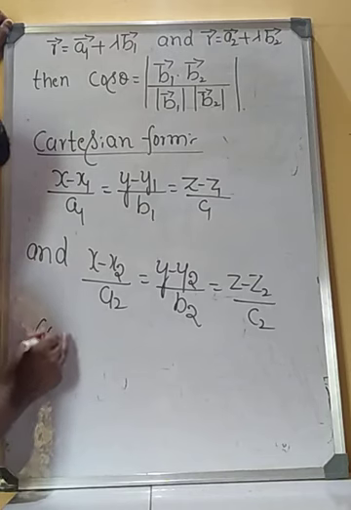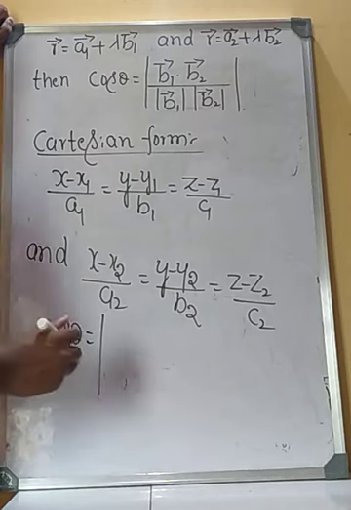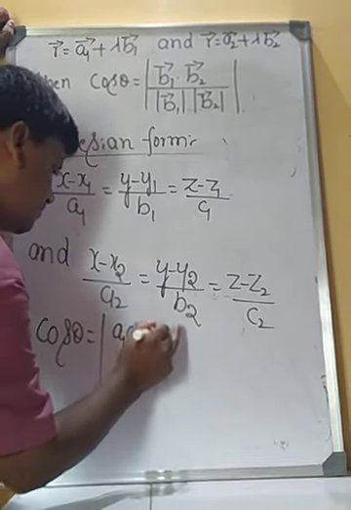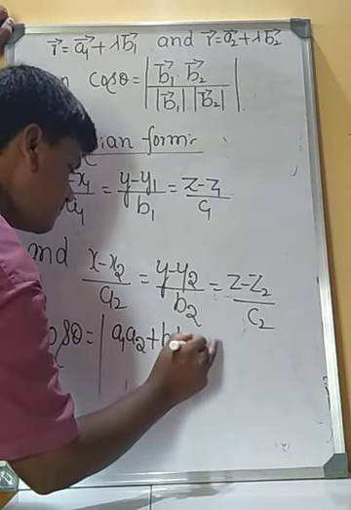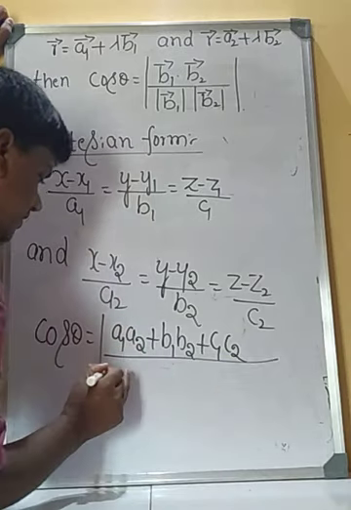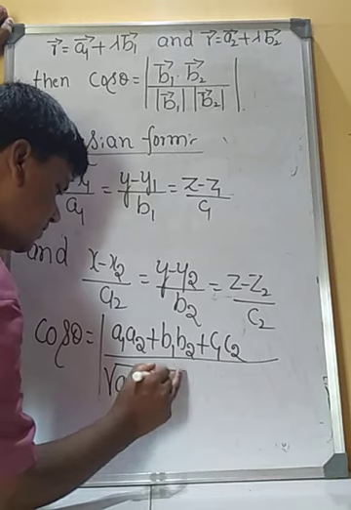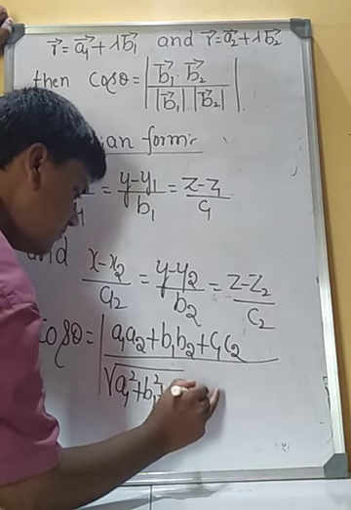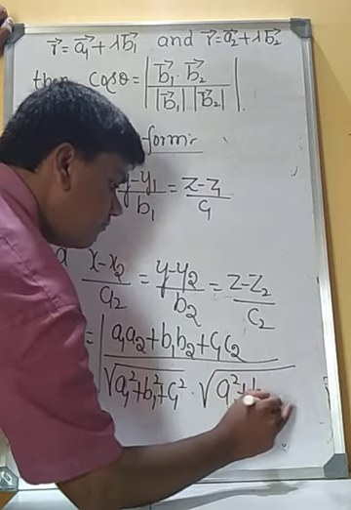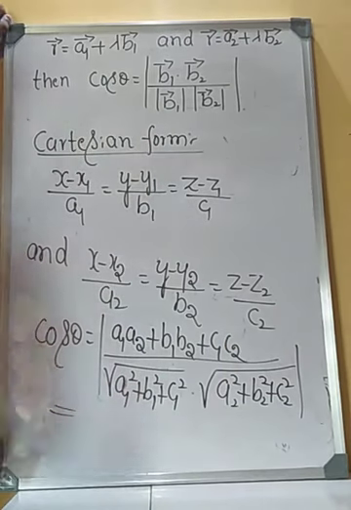Therefore, cos theta equals magnitude of a1 a2 plus b1 b2 plus c1 c2 divided by root of a1 square plus b1 square plus c1 square into root of a2 square plus b2 square plus c2 square.